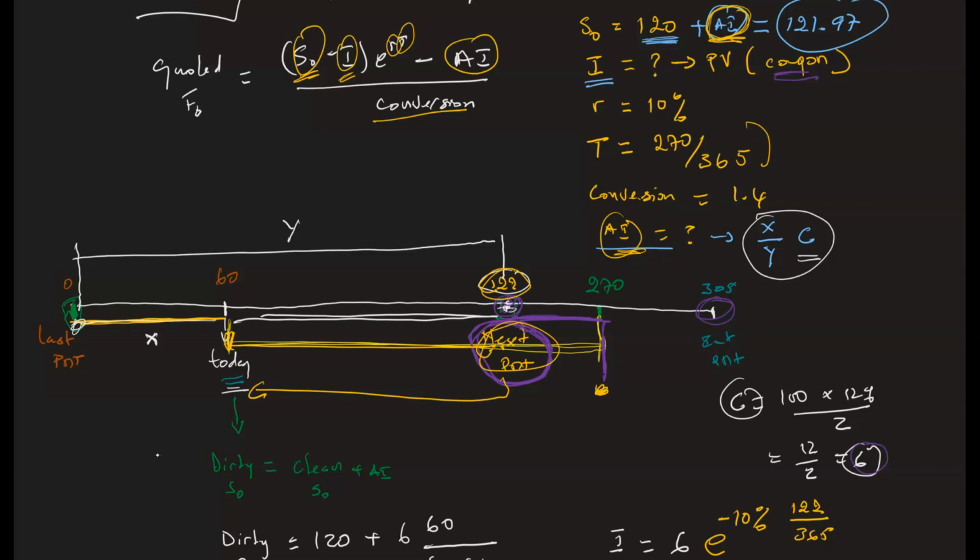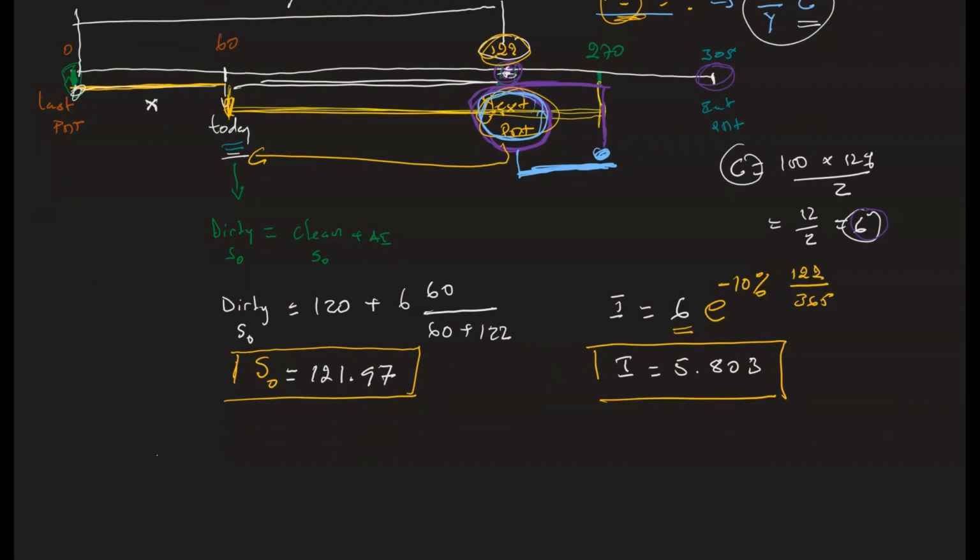At this point in time, if we were to sell the bond at this point in time, what would be the accrued interest given this payment that is made here? So the accrued interest would be for this period.